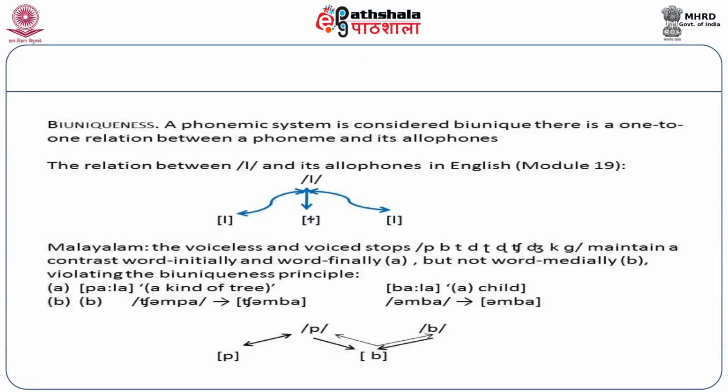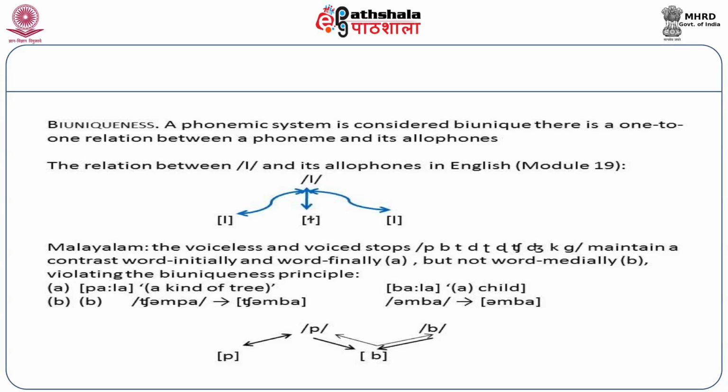Thus, in Malayalam, we have minimal pairs such as pala, bala, which means a kind of tree and child. But in the words champa, amba, we find that the distinction is lost.